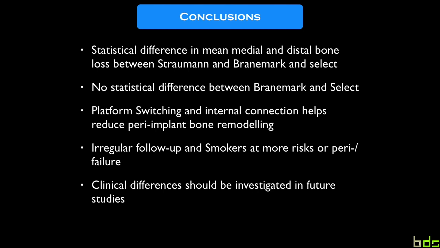Platform switching and internal connection help reduce peri-implant bone remodeling. Obviously, irregular follow-up and smokers are more at risk of peri-implant failure. However, the question is: is there a clinical difference in all these cases? This should be investigated in future studies.